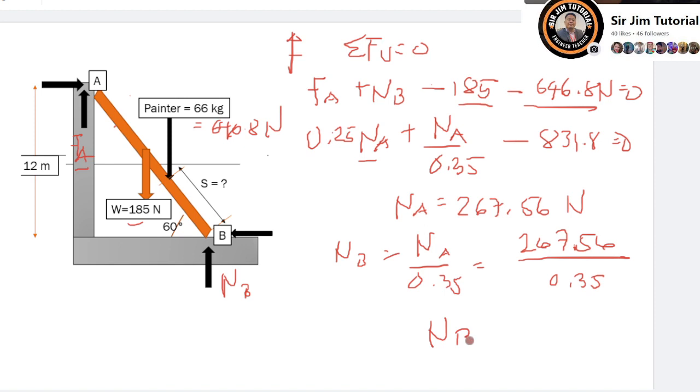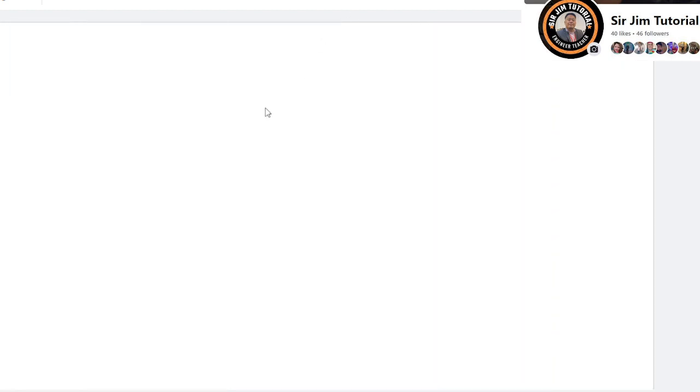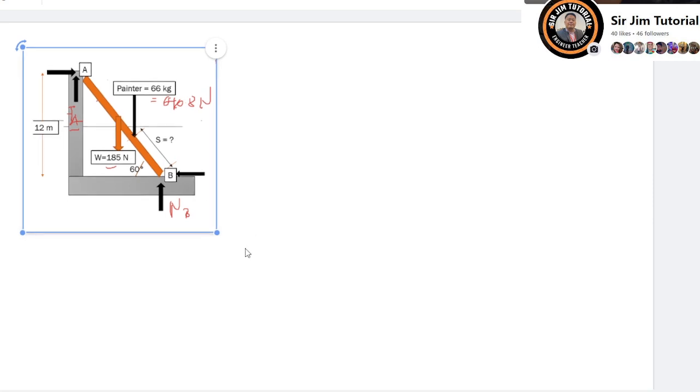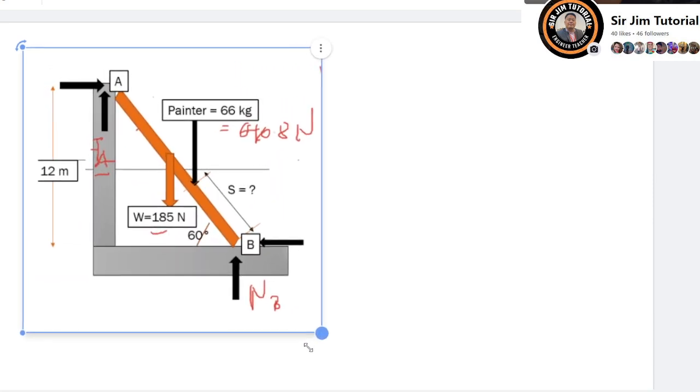You can come up with your value of NB, which is supposedly 764.5 Newton. Okay, these are so important when we are going to take moment at B to compute for the question of calculating S, which is the distance from B.